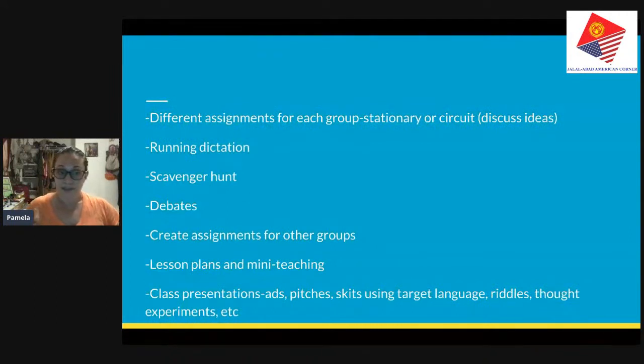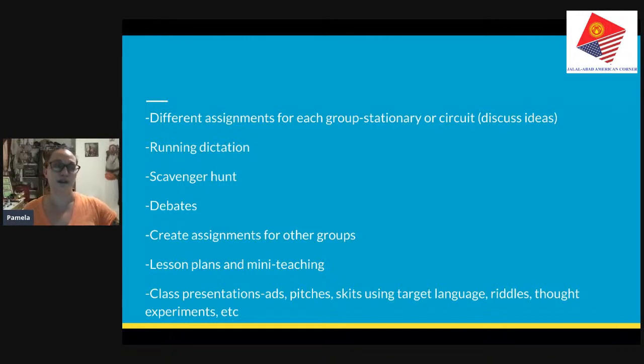On the same line, lesson plans, mini teaching. So if they create their own lesson plans, you can tell them in groups to go ahead, one page, and why doesn't your group do the introduction, and then the next group will do the presentation, and then the next one will do practice, and then the next one will give the production assignment.